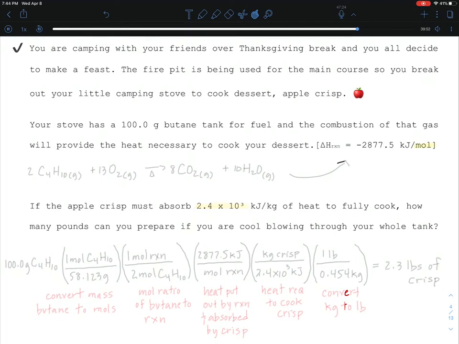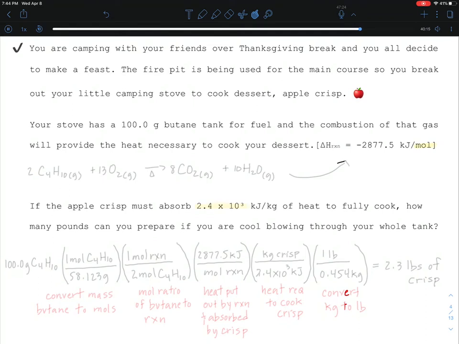So I'm giving you here the overall change in enthalpy, or the heat of the reaction. This is going to be negative 2,877.5 kilojoules per mole. So in other words, 2,877.5 kilojoules per mole of reaction are going to be available to you, because that's the heat that's put out by the reaction. That's why that's a negative, right?